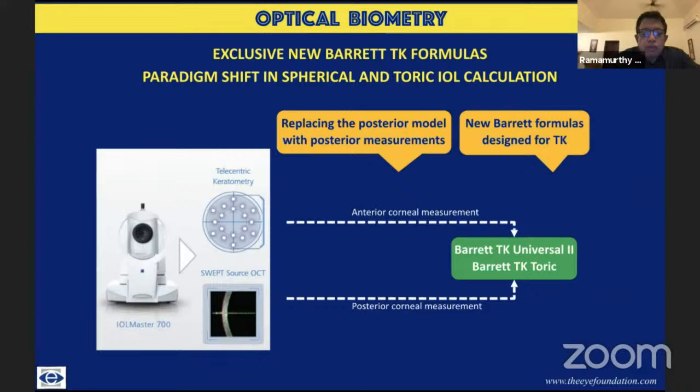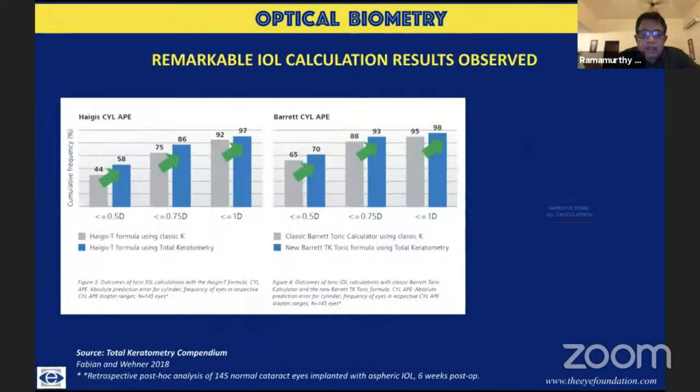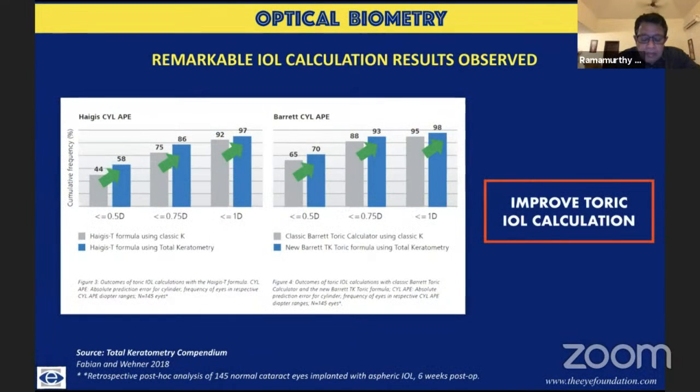Now we have also the Barrett True K Toric formula, which is essentially used for the intraocular lens power after a post-refractive surgery scenario. Because of the exact measurement of the anterior curvature and the posterior curvature, the specificity as well as the precision of these formulas is significantly enhanced.